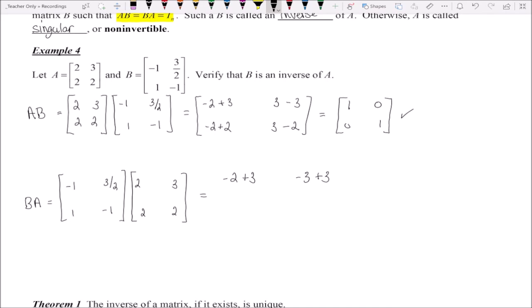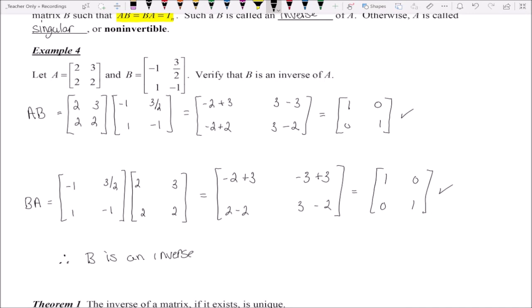Then 1 times 2 plus negative 1 times 2. Then 1 times 3 plus negative 1 times 2. And again, doing the arithmetic, we get the identity matrix. Therefore, we can conclude that B is an inverse of A.